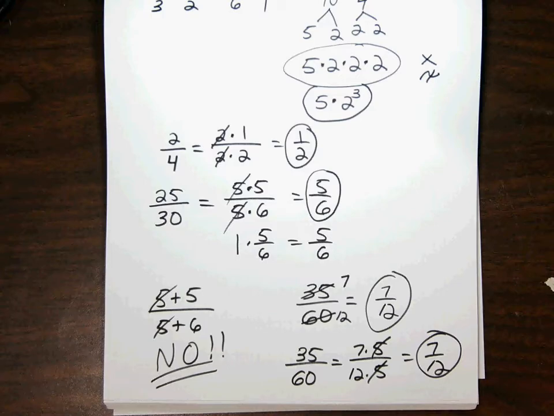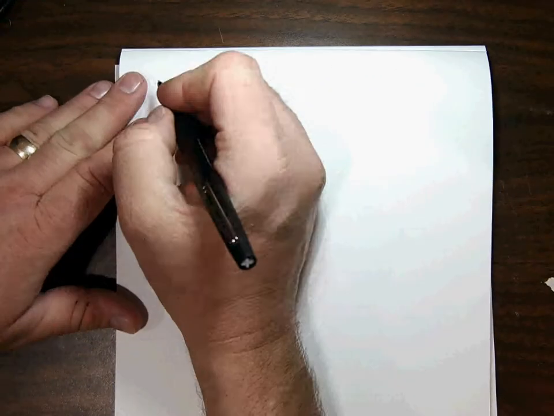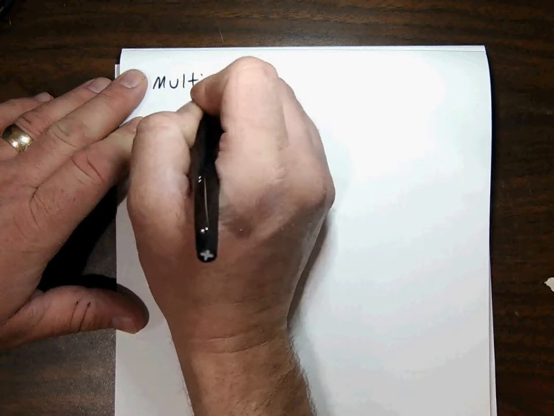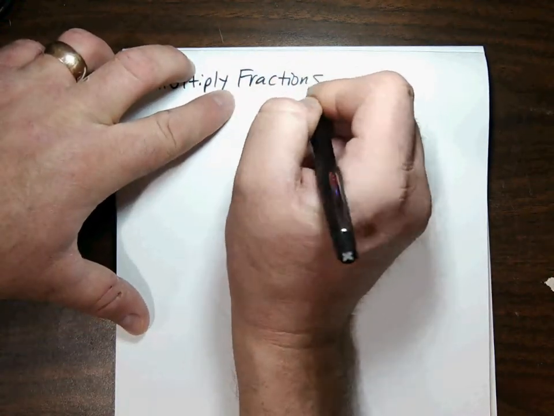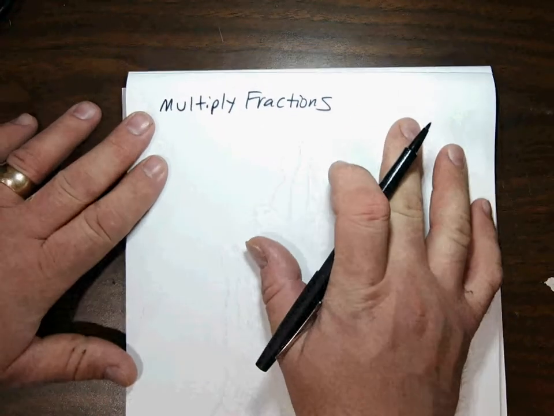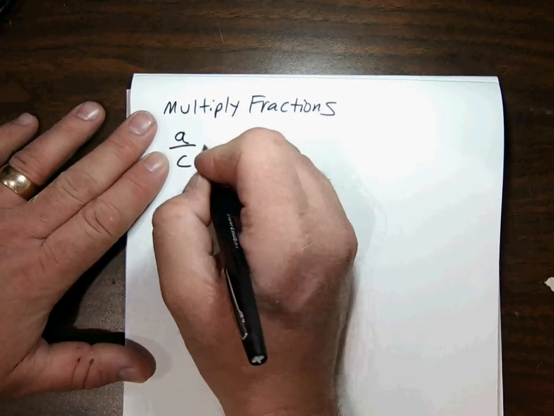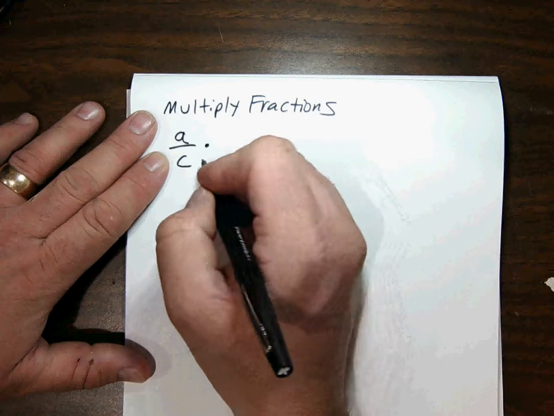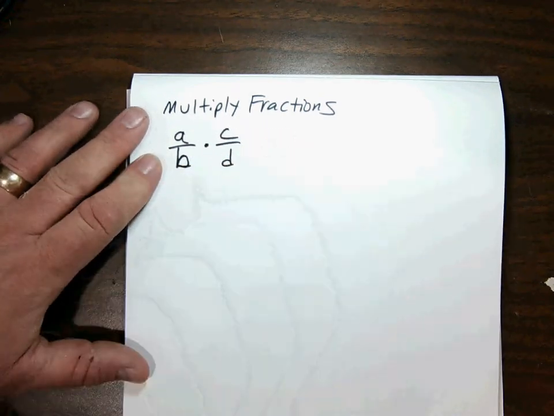Okay, sweet. All right, what about adding, subtracting, multiplying, and dividing fractions? Multiplying and dividing is actually easier. So let's do that. Let's multiply fractions. Adding and subtracting is a little more complicated. If I show it generically, and that always makes it look harder, some fraction a over b times some fraction c over d, okay?